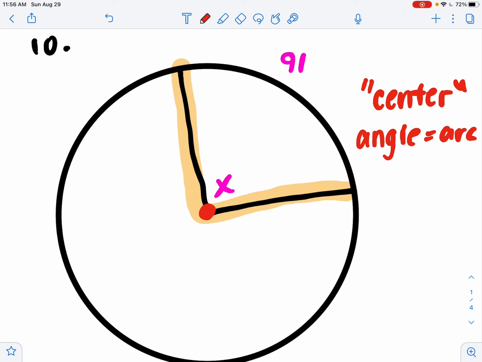So it's not even really a formula. We just know that the angle is equal to the arc. So if the angle is x and the arc is 91, then I know that also the angle is 91 as well. Now, you could use this to solve. Obviously, you set them equal, and you solve for x. But I just wanted to point out this last example too.